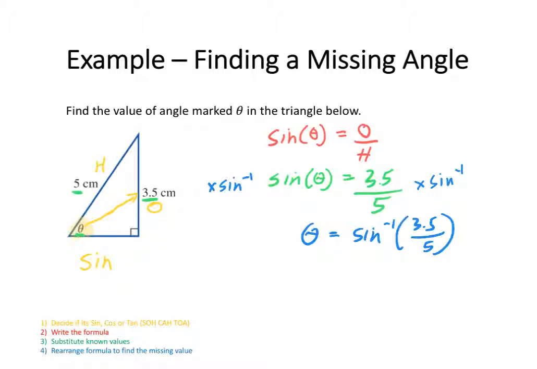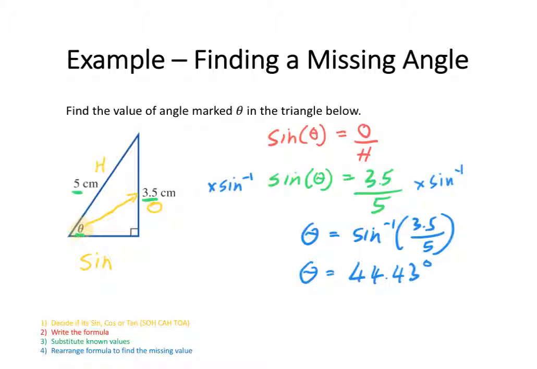I would leave 3.5 over 5 as a fraction and enter that as a fraction into my calculator. Using my calculator, the value of sine -1 of 3.5 over 5 is equal to 44.43 degrees. So the value of my missing angle is 44.43 degrees.